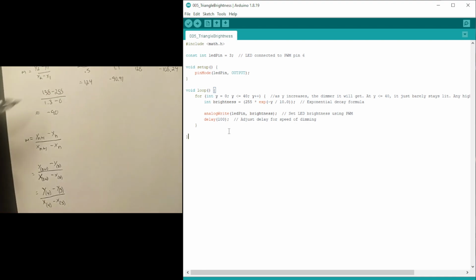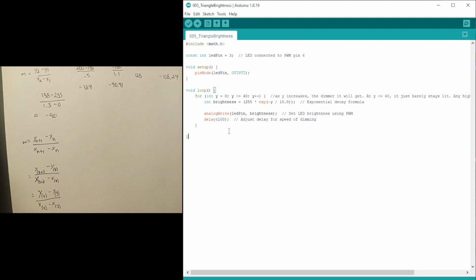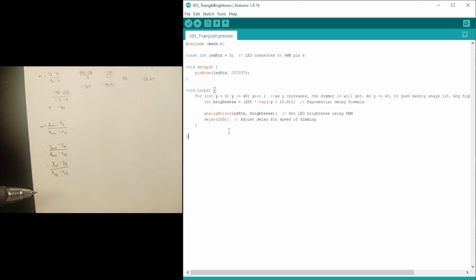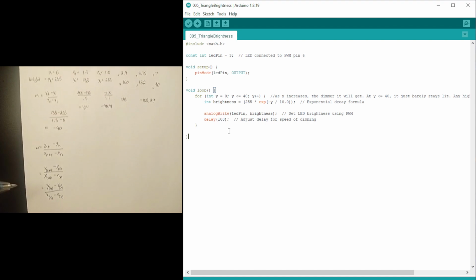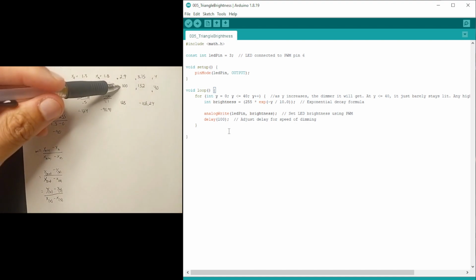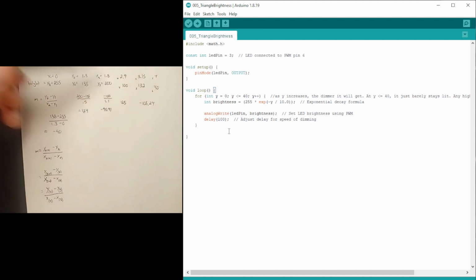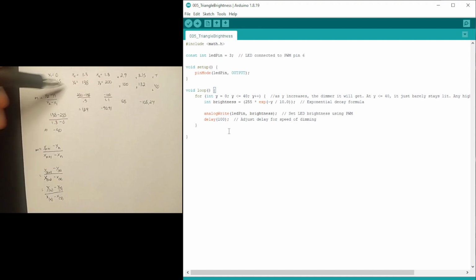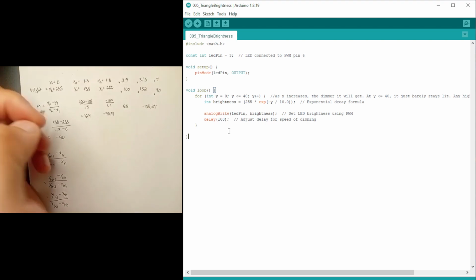So you just take the y4 value minus the y3 value, just similar to y2 minus y1. That's just a more scientific version of it. And so, yeah, these are the m values.